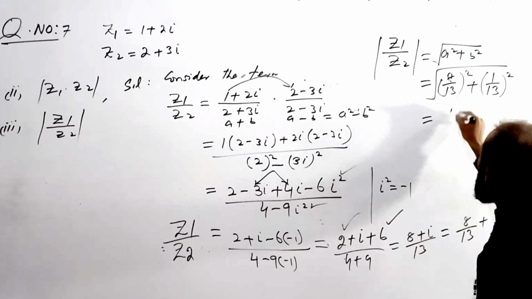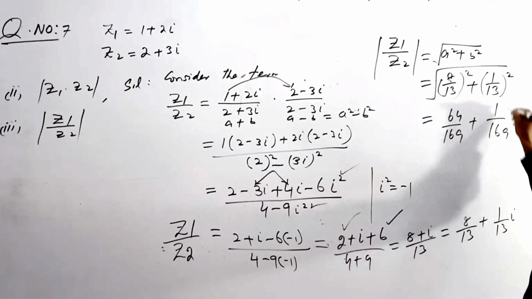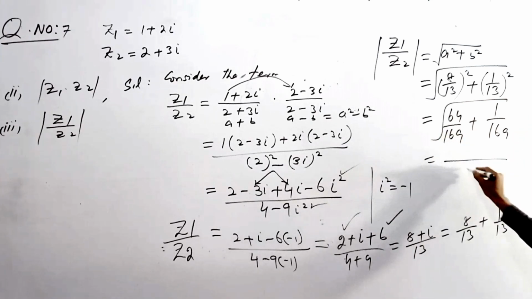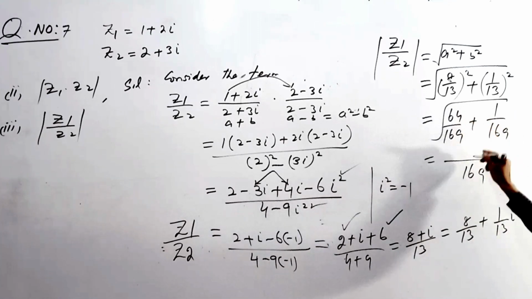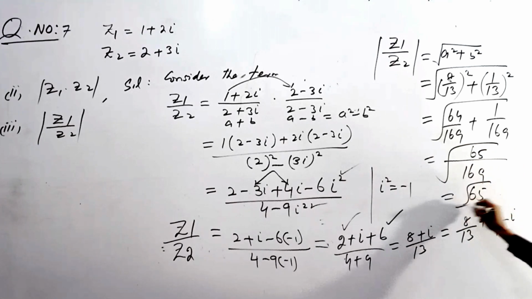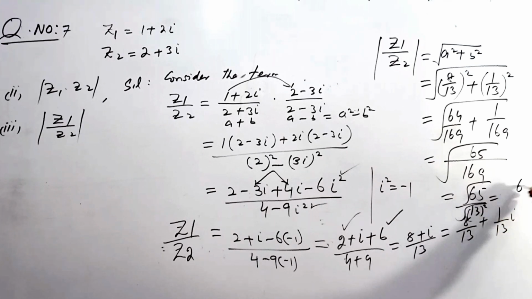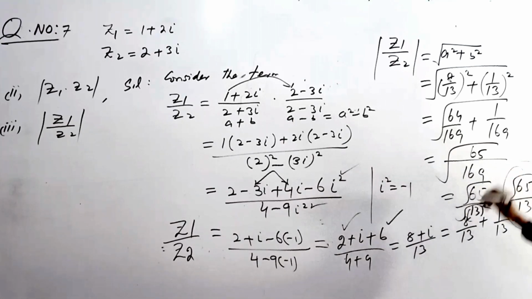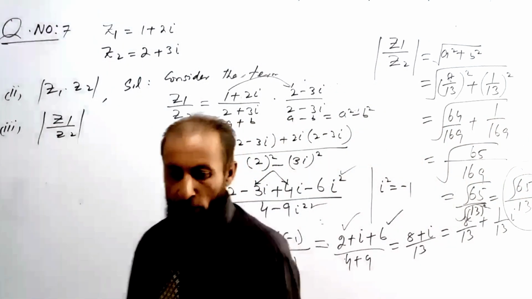Open this one, we can write 64 over 169 plus 1 over 169, square root. Here we take LCM 169. So both have the same LCM, and we directly get 65. So square root of 65 over 169, we can write 13 square root. So 65 under root, both are cancelled, this one 13. This is the solution of the absolute value of z1 divided by z2.